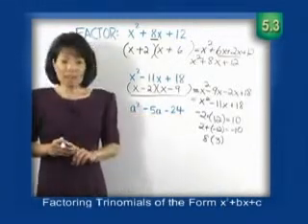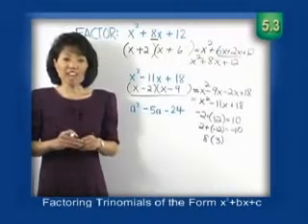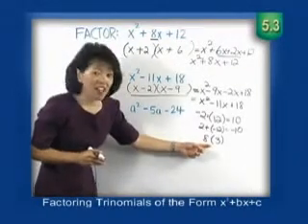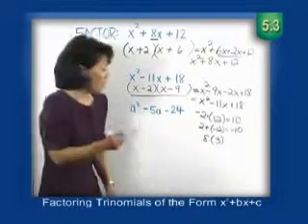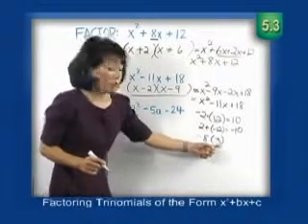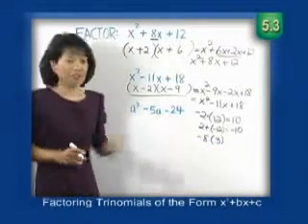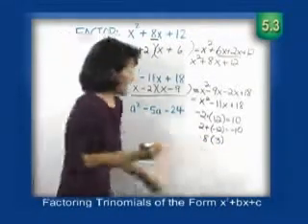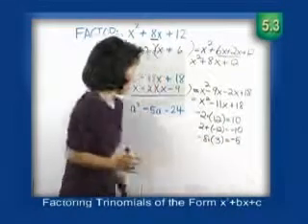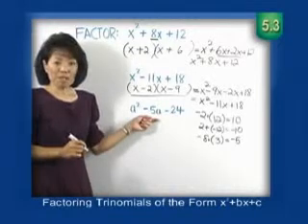So keeping that in mind, knowing that we want to have a negative sum, what we're going to do is put the negative sign with the larger number. In this case, that's going to be -8, because -8 times +3 is -24, and -8 plus 3 gives us a -5, which matches what we want here.